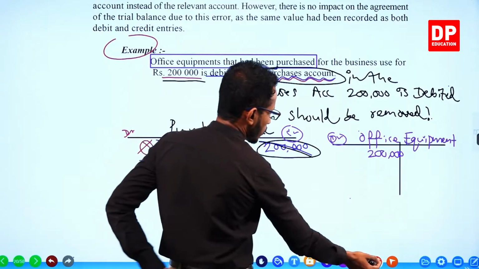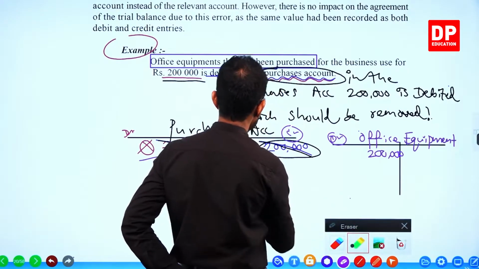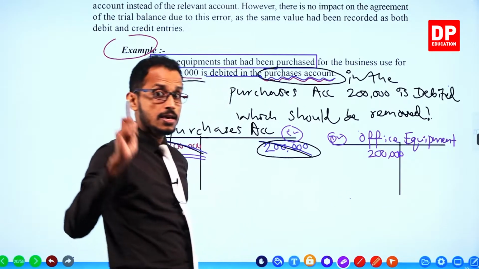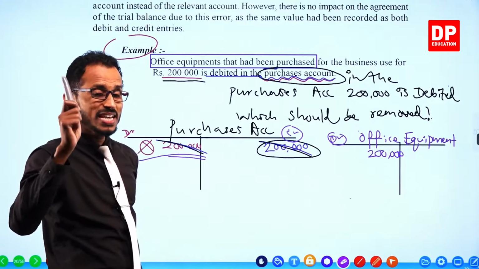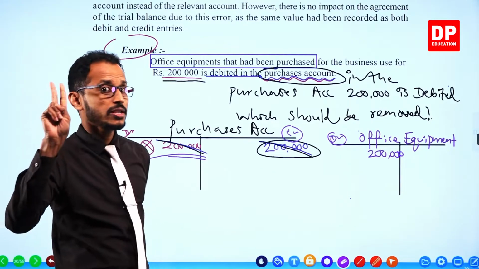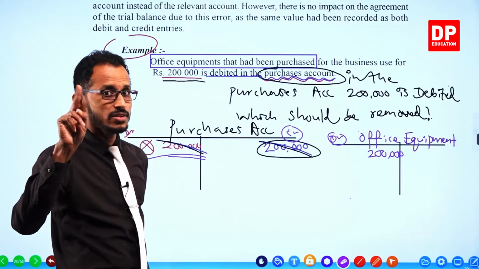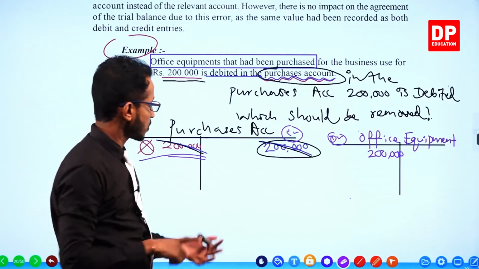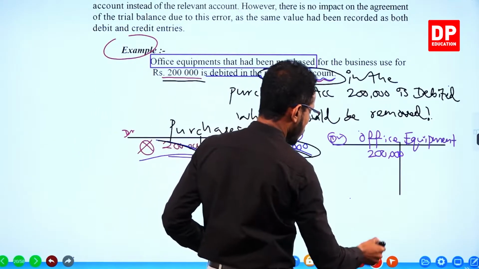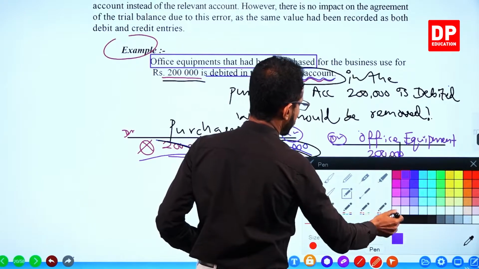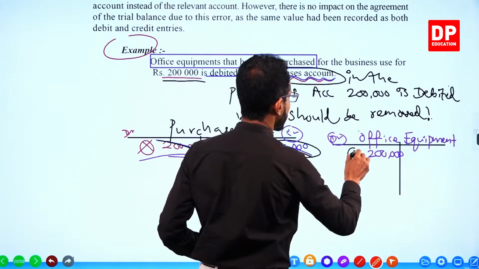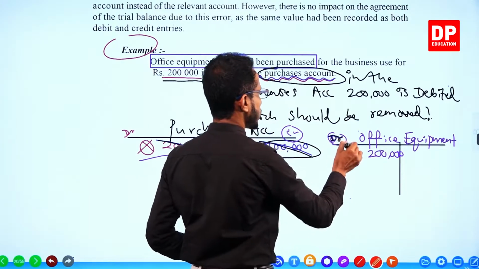Okay. Now, every single error should be corrected with a double entry. You should write a double entry in the general journal. Then this should be the first entry, my dear students, because the debit entry is always the first entry.